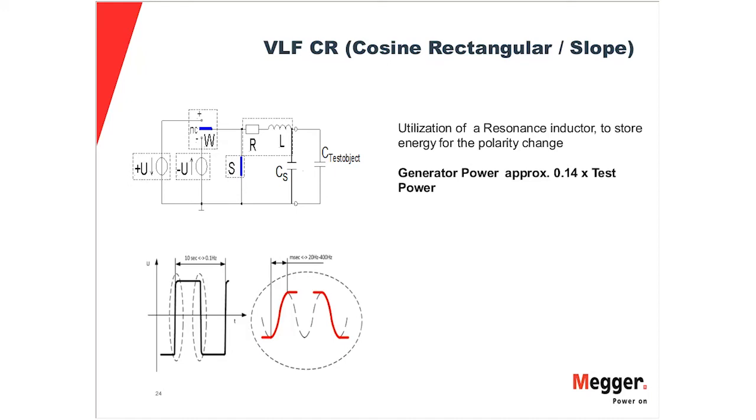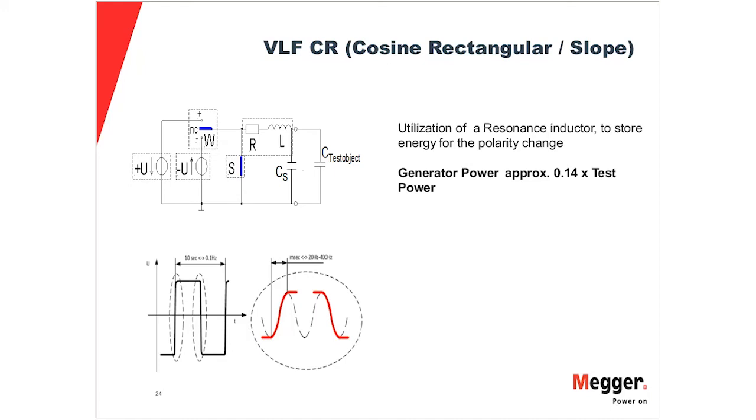You see here positive power supply, negative power supply, which is connected by the switch W. So in the slope process, we disconnect both power supplies, switches in neutral position, and we will close the switch S to allow the circuit to swing into resonance. And once it is swinging into resonance, we get the sinusoidal waveform, and this will allow us to perform partial discharge.